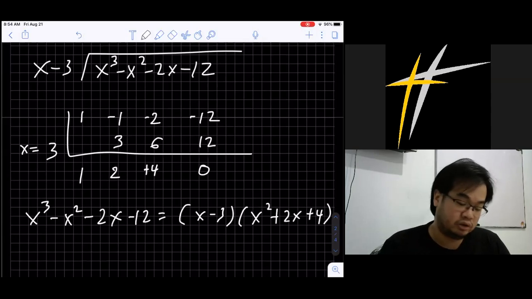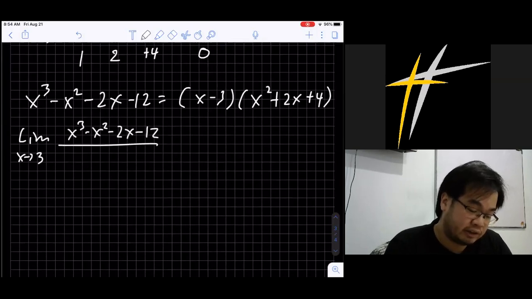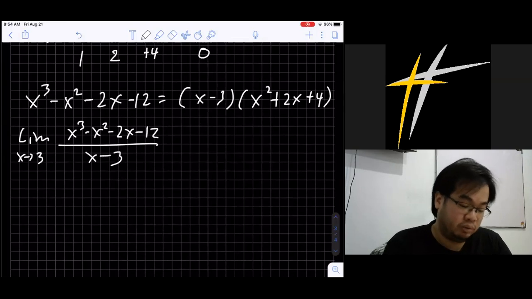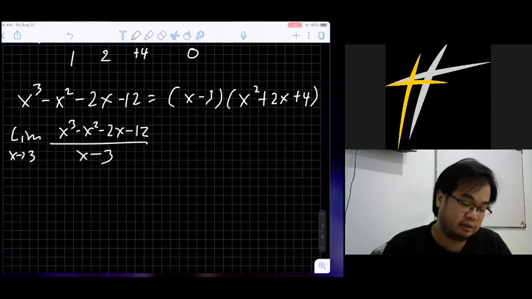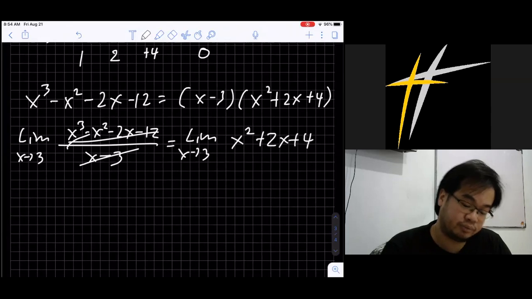Okay, so if we get into the limit, the limit as x approaches 3 of (x cubed minus x squared minus 2x minus 12) over (x minus 3), then we can divide, and it is equal to the limit as x approaches 3 of x squared plus 2x plus 4.